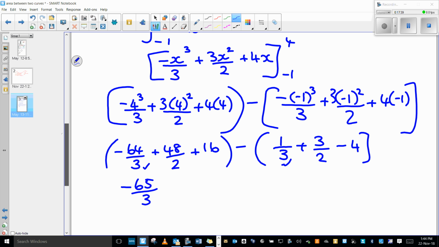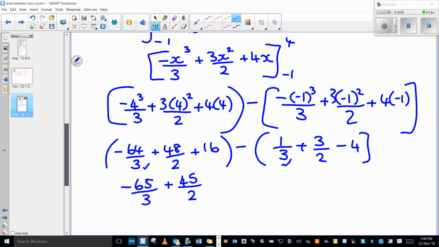This has got a take away sign in between. Now let's deal with my thing with denominator of 2. So I've got positive 48 over 2, taking away 3 over 2, sorry. So that's 45 over 2, yes?